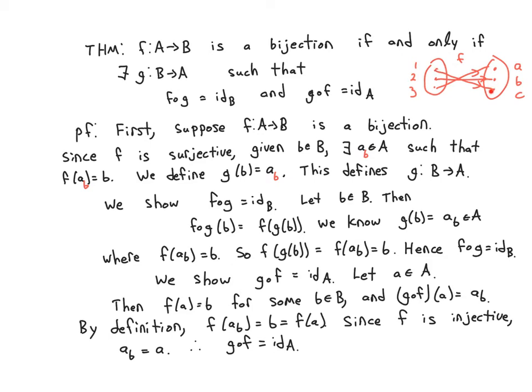So if 1 goes to C, C has to go back to 1. Literally, the inverse is computed by reversing the arrow directions. So C goes to 1, B goes to 2, and A goes to 3. That's the definition of the inverse.